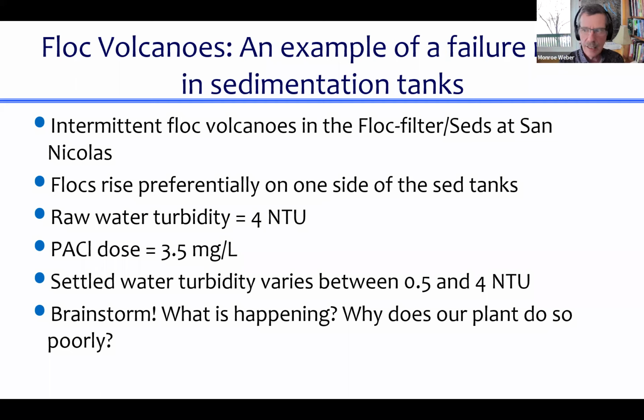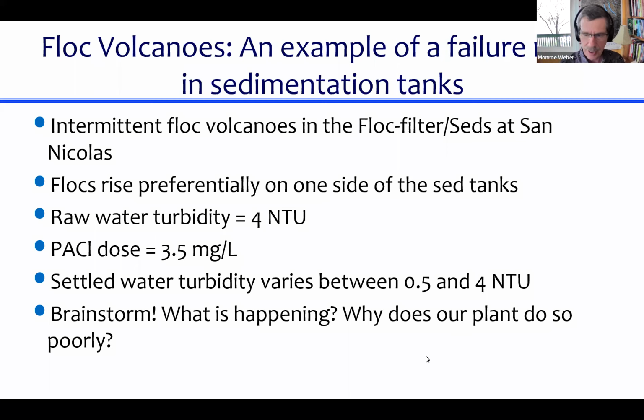They would be intermittent, and it happened at the plant that was built for San Nicolas. And what was sad is the raw water turbidity was only 4 NTU, which you can see in a glass, but it's not very dirty. And then the settled water turbidity, after it went through our floc filter and plate settlers, varied between 0.5 and 4 NTU. So the 0.5 was decent, but the 4 NTU was like, goodness, we're not doing a thing. So this is the question, why is this happening?